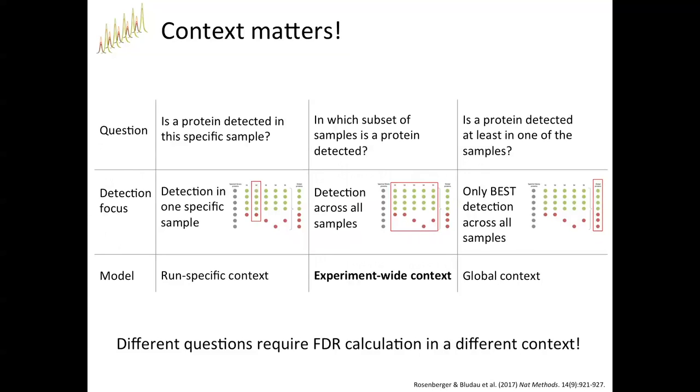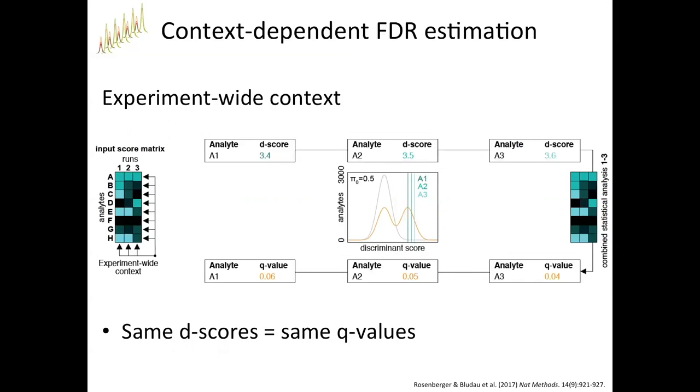And for this, we use this experiment-wide context where we generate an accumulative discriminant score distribution. So we take all of the identifications or detections of our protein across the entire data set, and we get an accumulative discriminant score distribution.